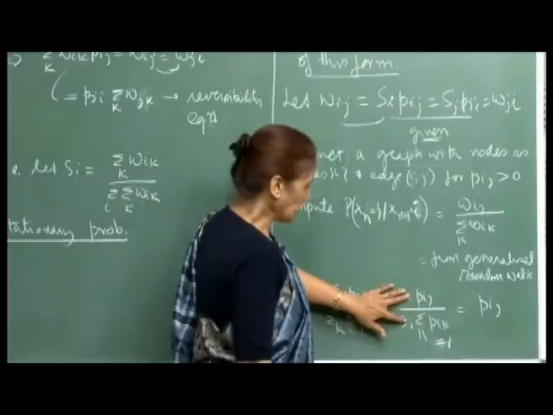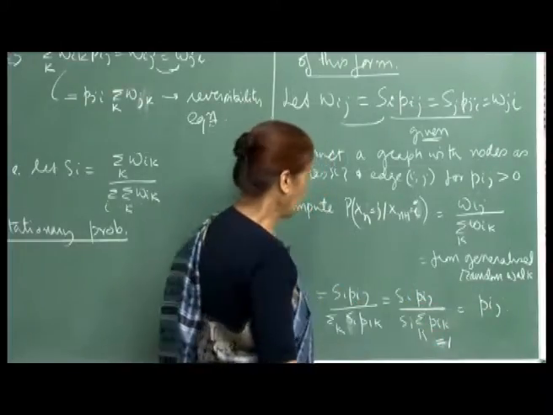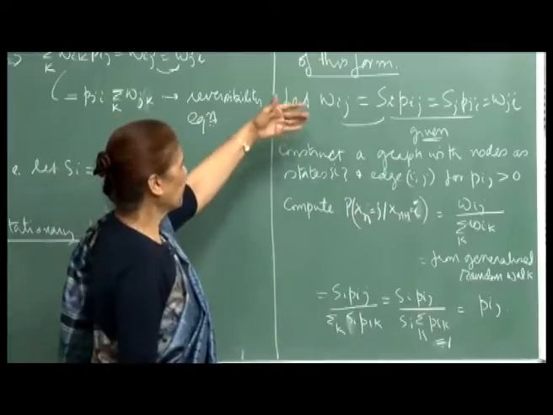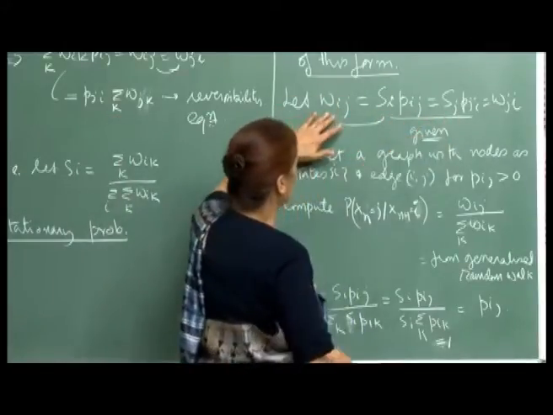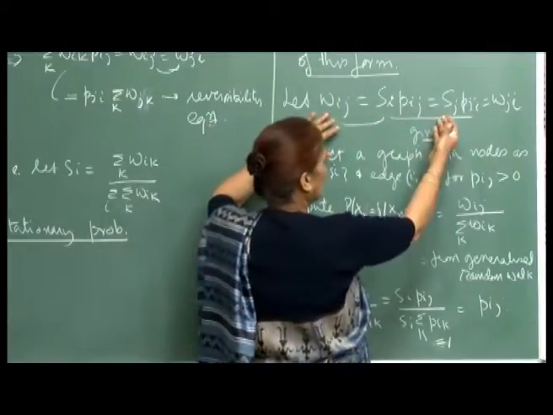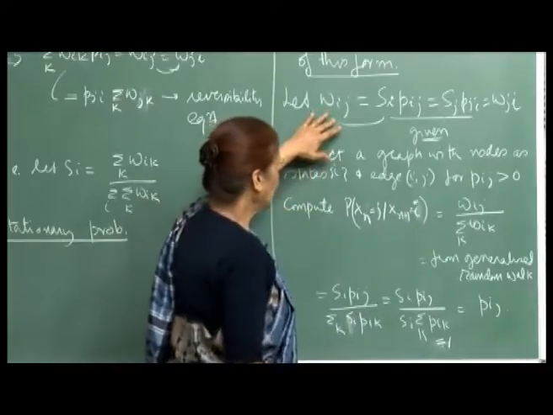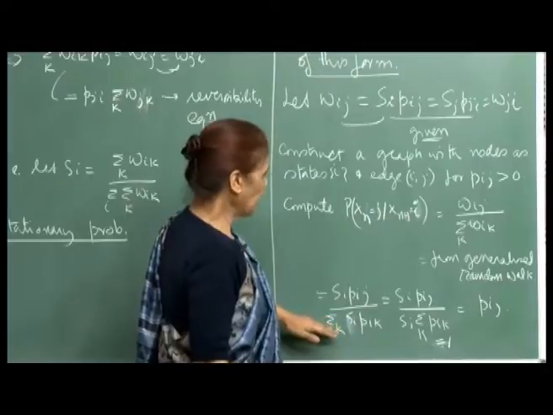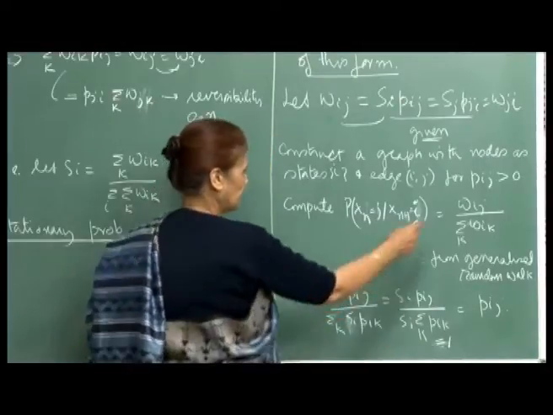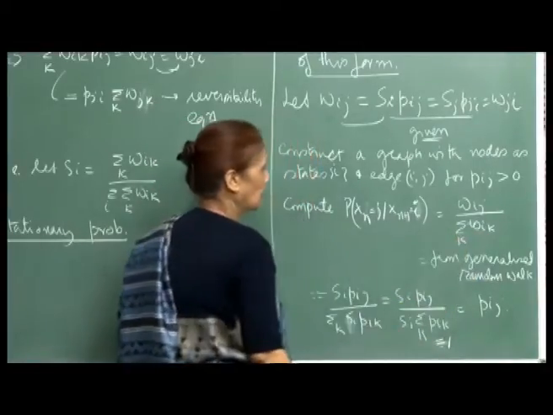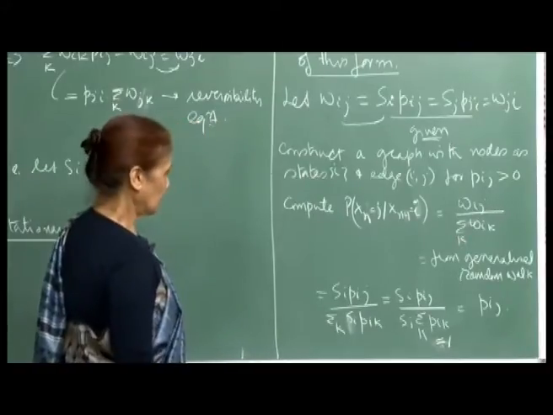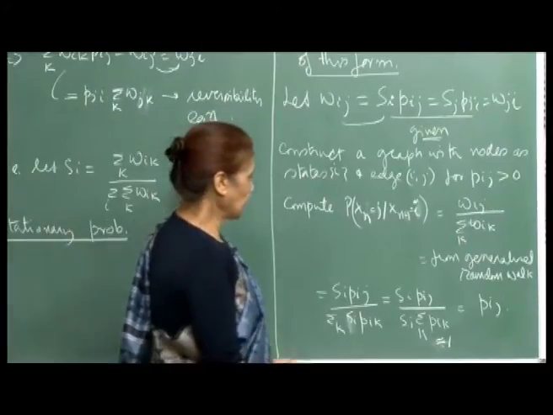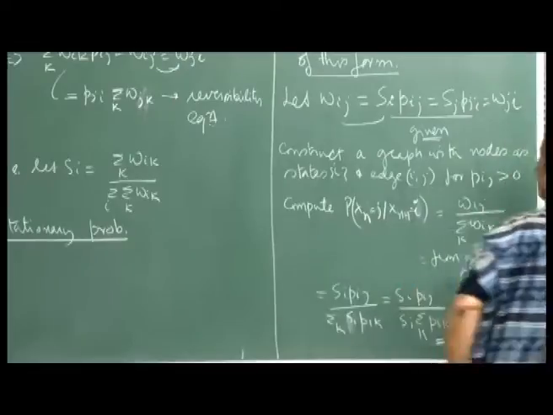Si gets cancelled and you are left with Pij. That means once you are given this, I can assign the weights by this equation, and then once I have these weights, I can define my transition probabilities in terms of these weights, Wij upon sigma Wik, and once I have these transition probabilities, I can also define my Si's.